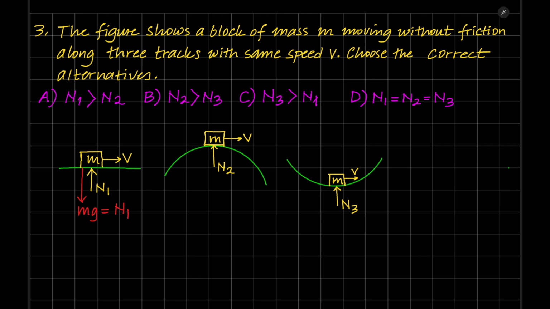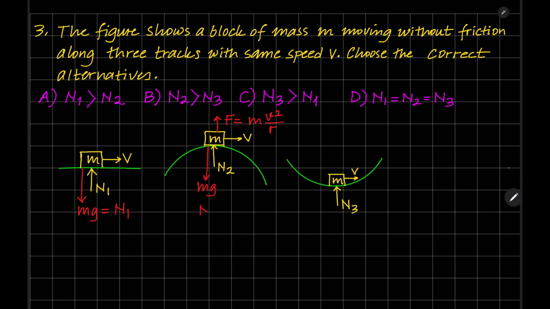In the second case, the mass m makes a circular motion, so there is a centripetal force in this direction, which is equal to m v squared over r, and also there is a gravitational force in this direction, which is mg.